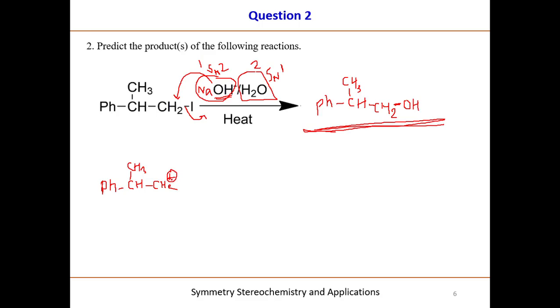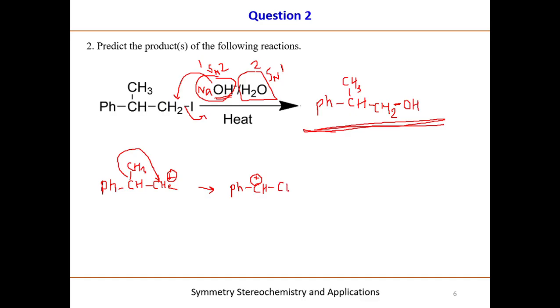As all of you know, the secondary carbocation is more stable. So what will happen? The migration will take place. Migration of this CH3 group will take place here. After the migration, the carbocation will be generated on this carbon, because the carbocation wants stability, that's why the migration is taking place.